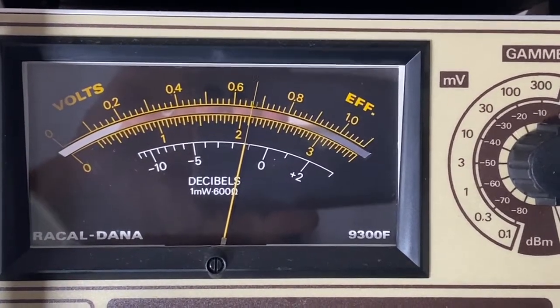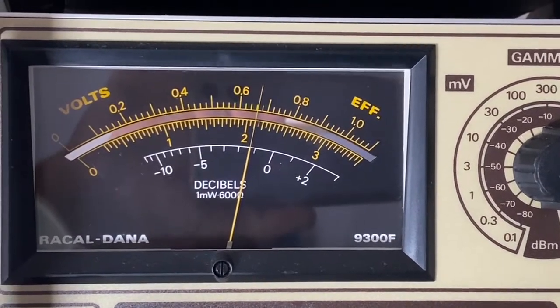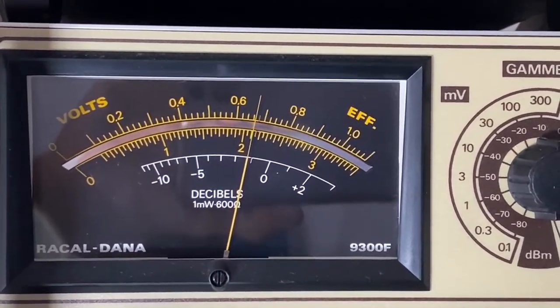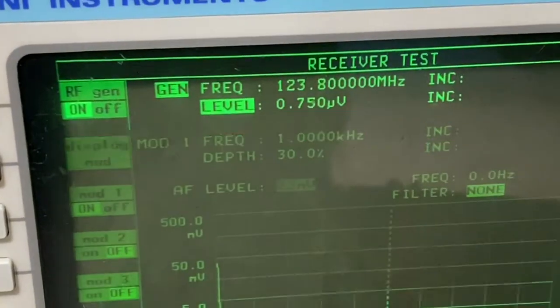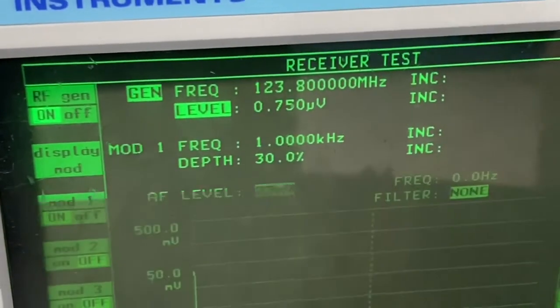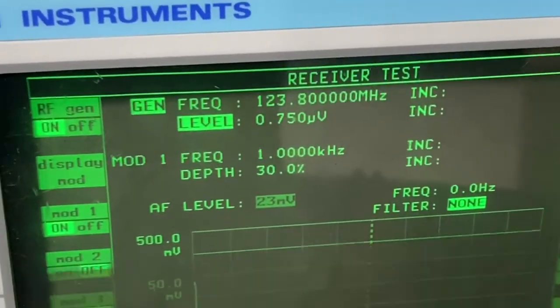We're about there, around 210 millivolts. And what's the level now? It's 750 nanovolts, or 0.75 microvolts.